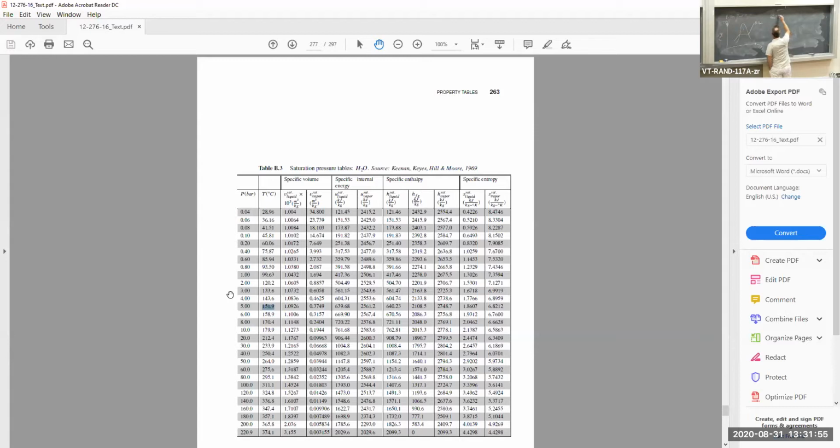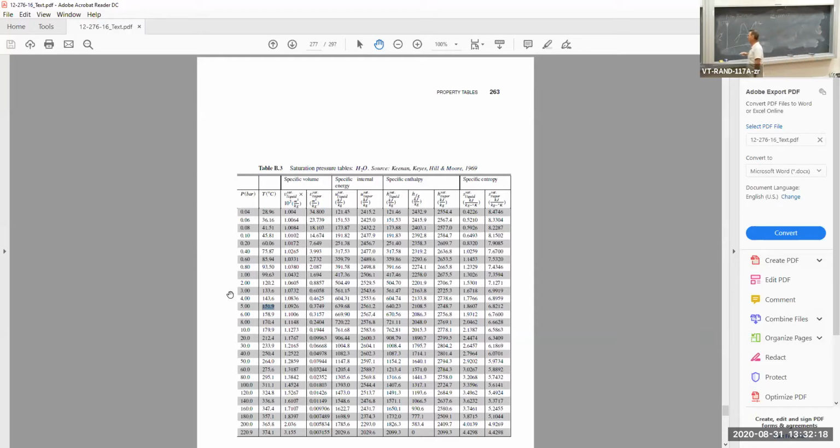So Tsat at 5 bar is 151.9 degrees C. And by the way, that's also equal to our temperature, T. So we're at the boiling temperature, precisely.